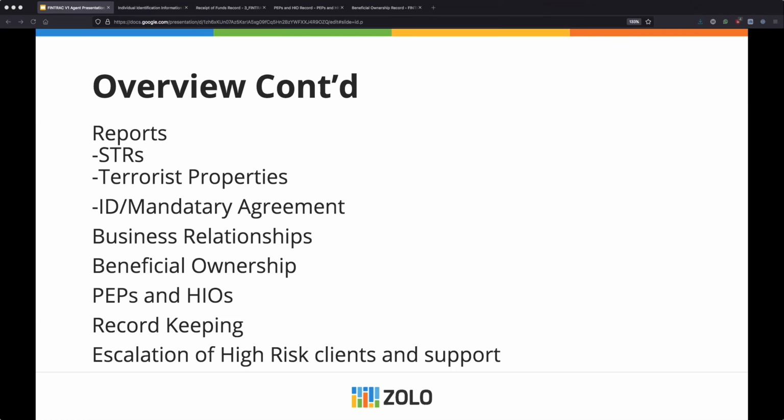PEPs and HIOs, this stands for politically exposed persons and head of international organizations. Record keeping requirements, so where we expect you to basically input and return these forms for storage. And then finally, the escalation of high risk clients and the ongoing support.